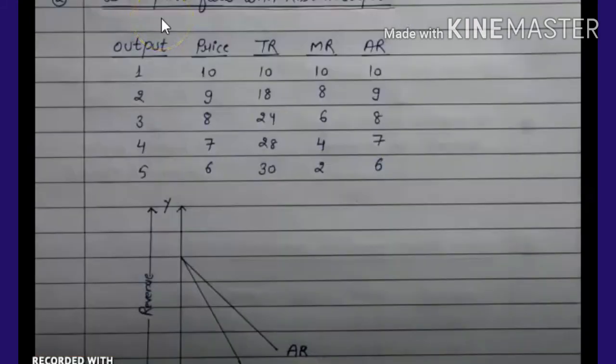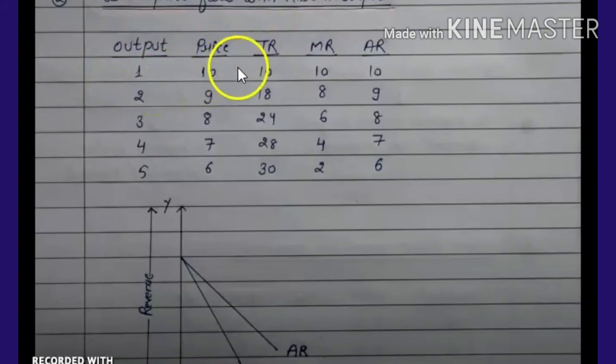The second condition is where price falls with the rise in output. When the output rises, the price falls. So 10, 9, 8, 7, 6. Just assume like that and plot your values. Price is diminishing, and the total revenue that we are getting is increasing.